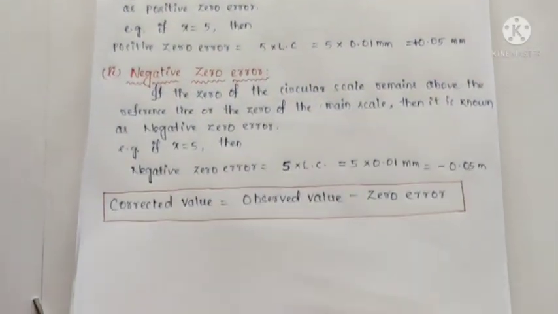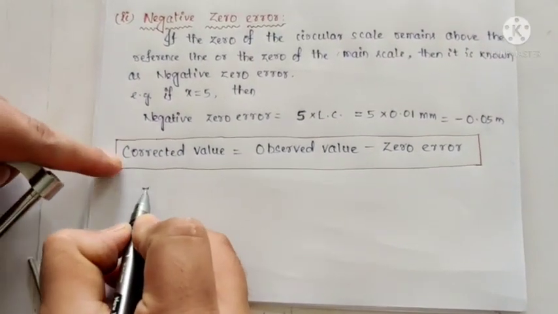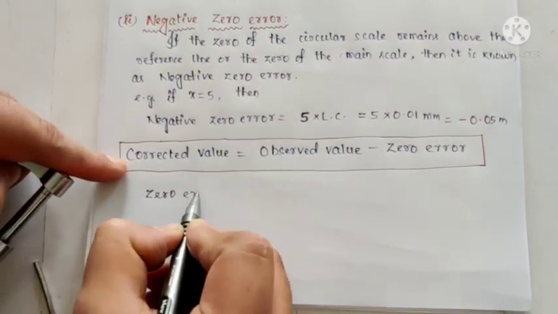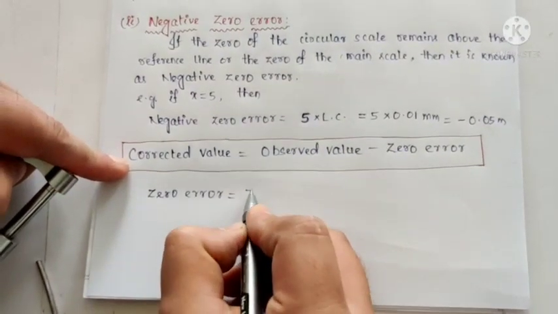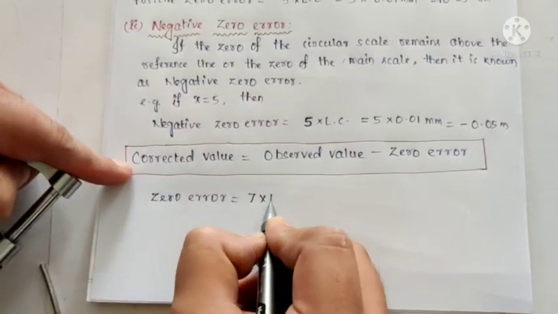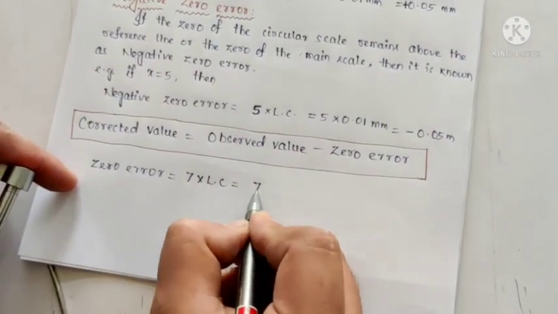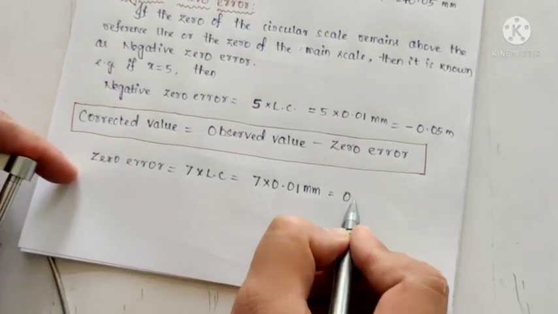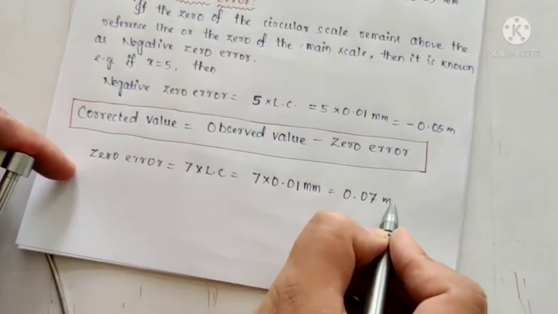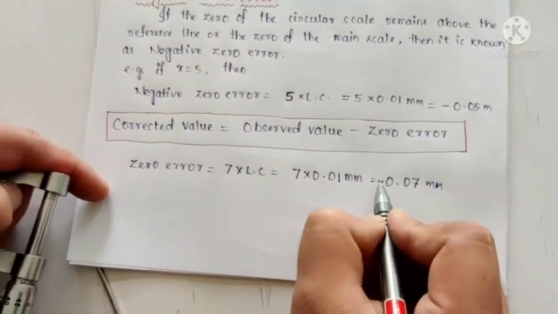Here in our instrument the zero error is negative, and it is calculated as 7 multiplied by the least count. We have seen that the least count is 0.01 millimeter, so it is 0.07 millimeter. As this is a negative zero error, we will put a negative sign here.